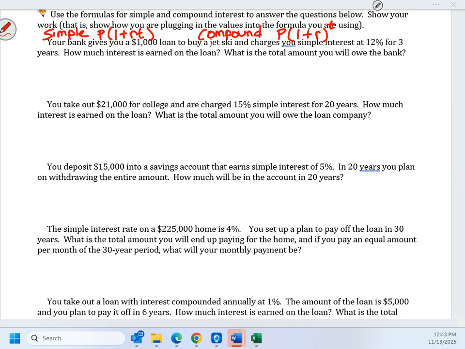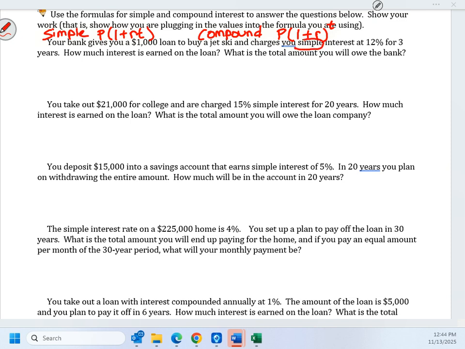Your bank gives you a $1,000 loan to buy a jet ski and charges you simple interest at 12% for 3 years. So, key things that we need to know. And you're going to actually mark up your word problems, so you know these things.